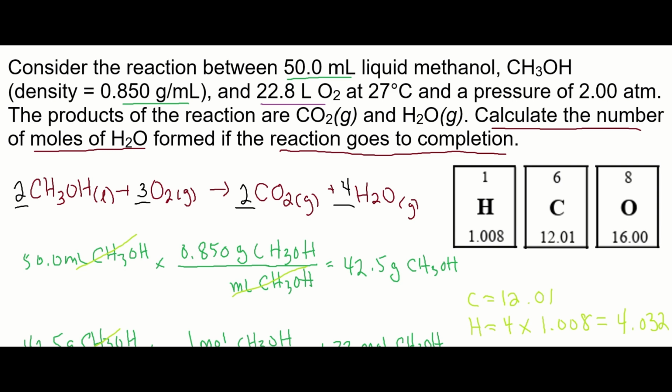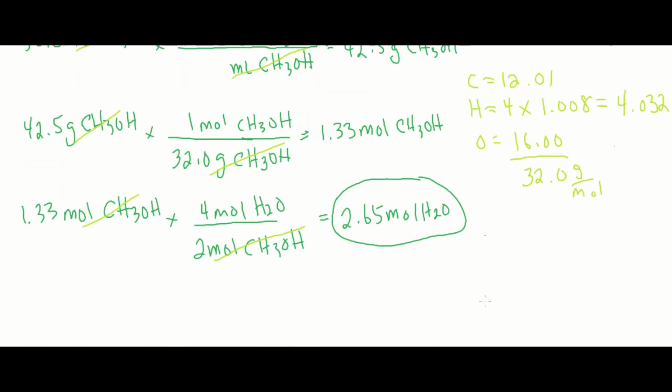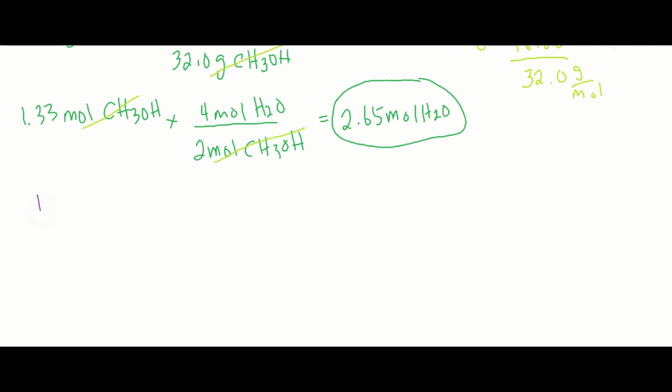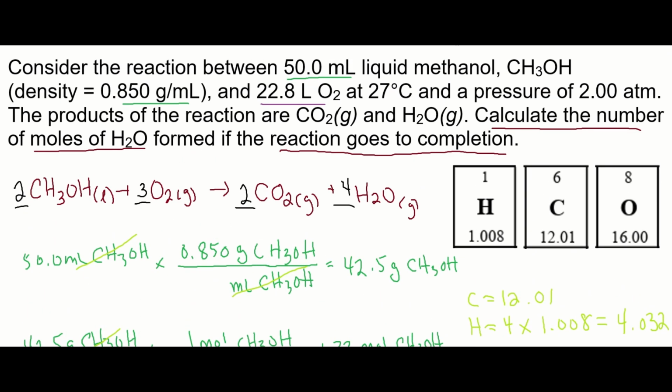So we'll have to use the ideal gas law to get the number of moles. The ideal gas law is PV equals nRT. And we want to rearrange this to solve for number of moles.